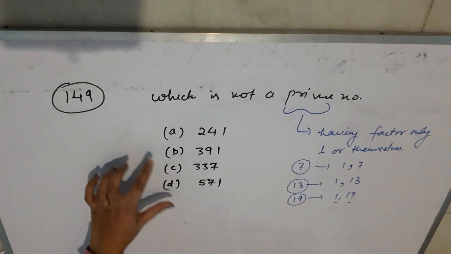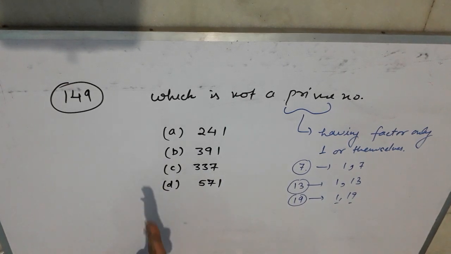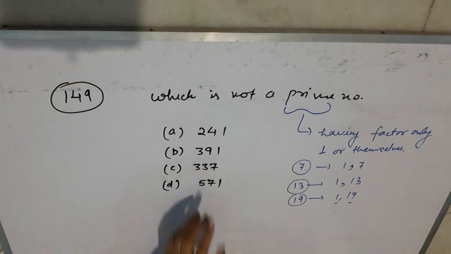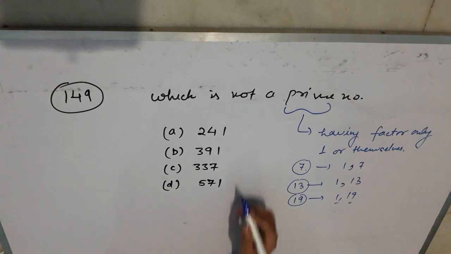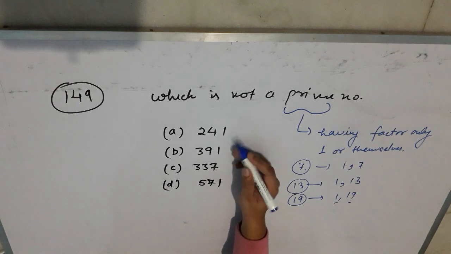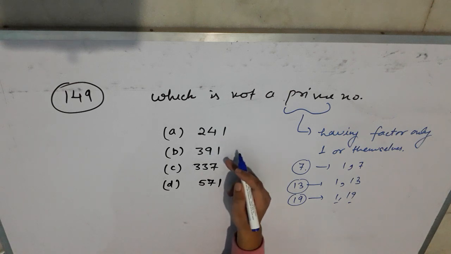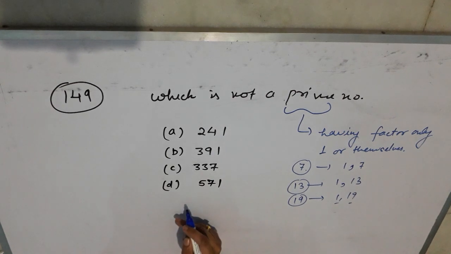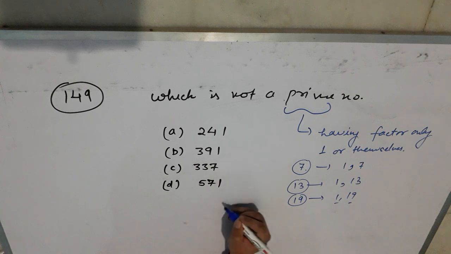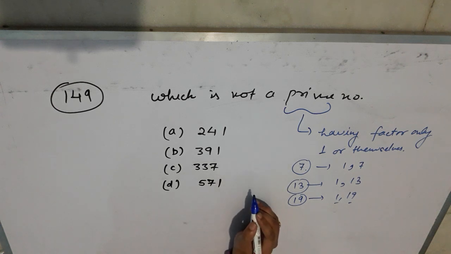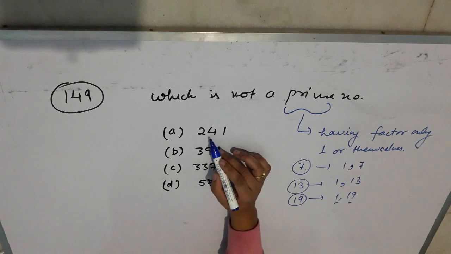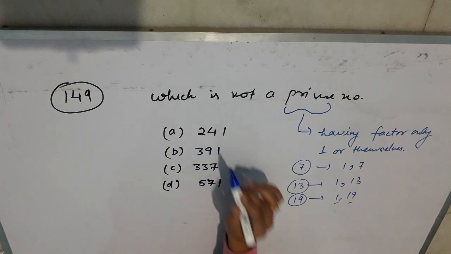Means the number which can be factored other than by itself and 1. So you can see that no number can be divided by 2 because all are odd. So you have to check whether they can be divided by 3.